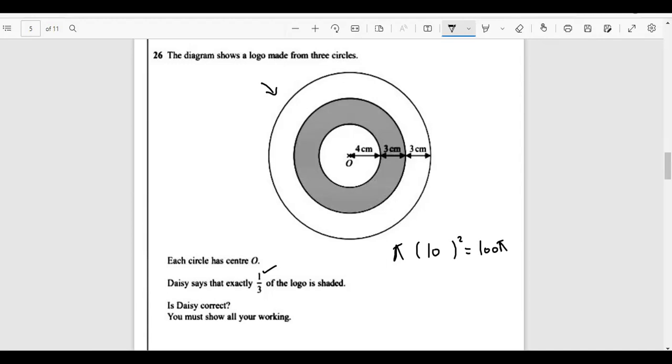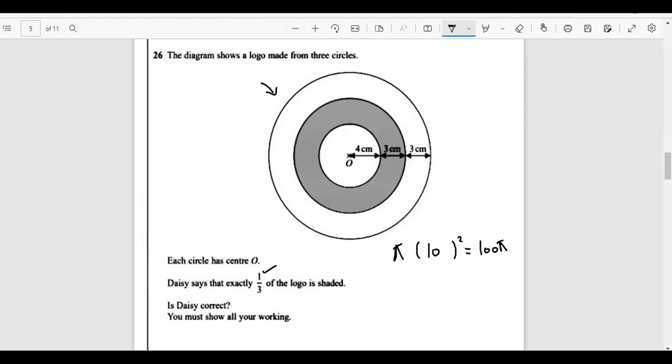Oh God, wait, have I gone wrong? Yes, then it's correct. For the outside, you would do pi times 10 squared minus 49 pi for the inner things, which equals 51 pi. But then you know that the whole thing is 100 pi, and the shaded bit is 33 pi.